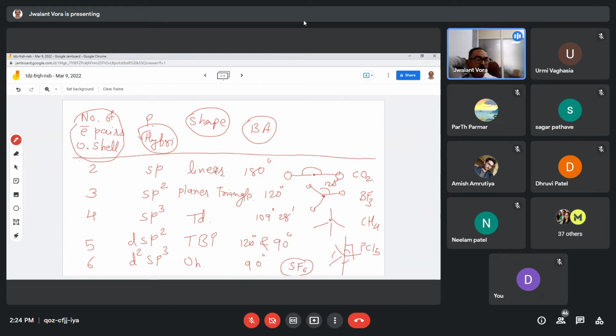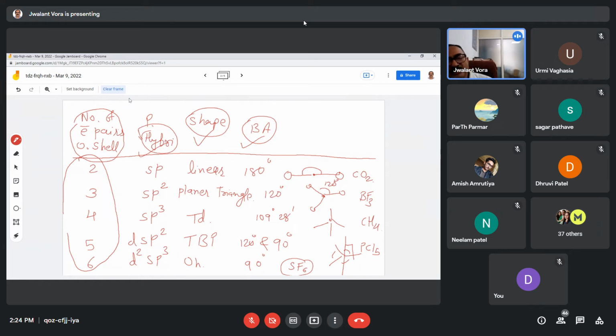So depending upon the number of electron pairs present in the outermost shell, we can find out the hybridization, the shape of the molecule, and the bond angle present in the molecule. This is VSEPR theory.